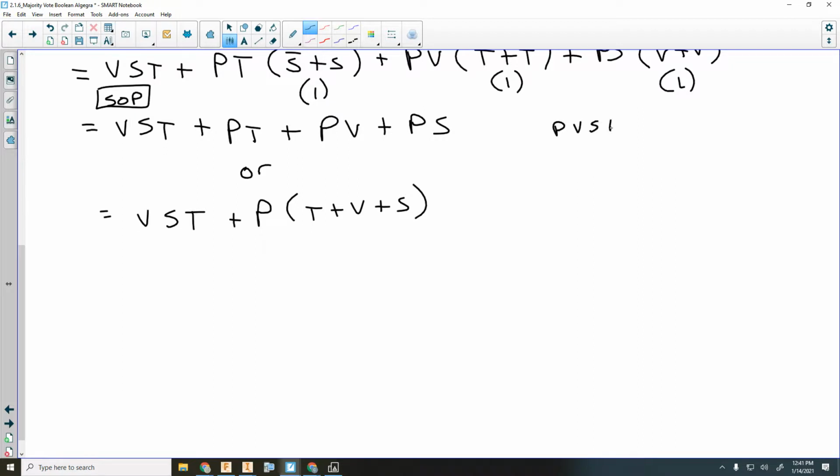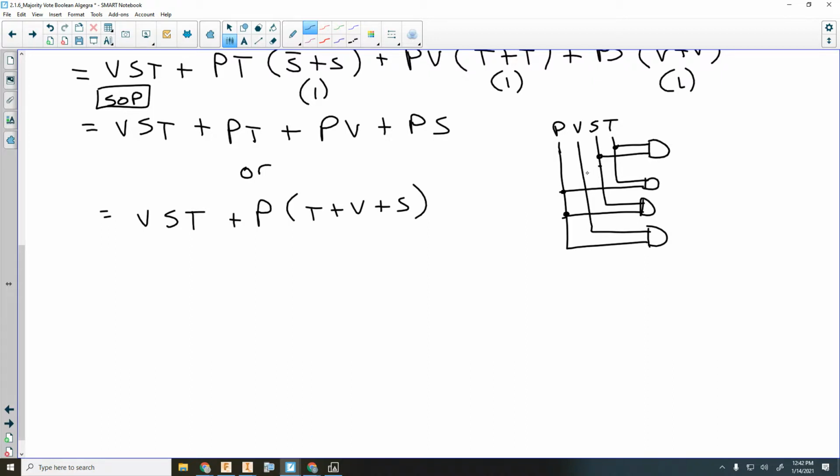President, vice president, secretary, treasurer. Right, because there's PB. There's PB. There's PT. And then that's an AND gate.